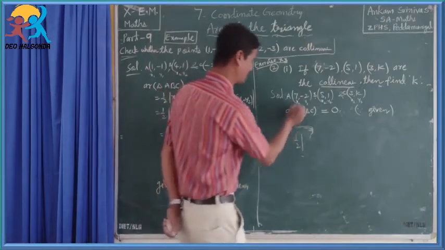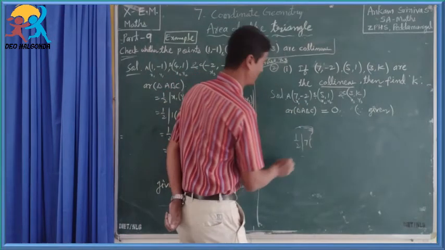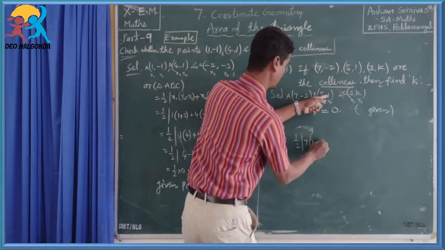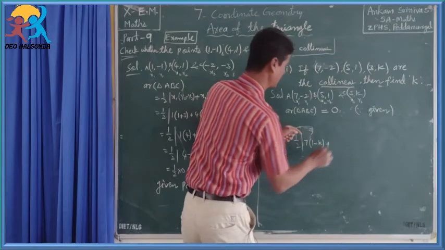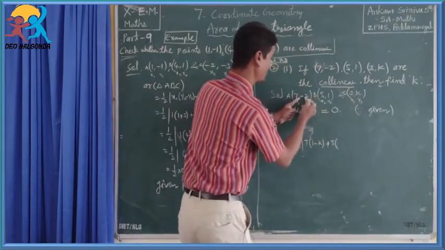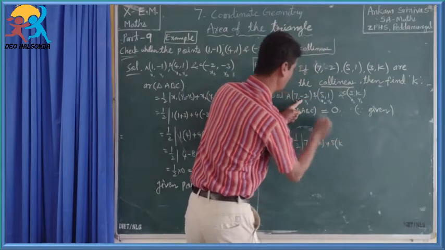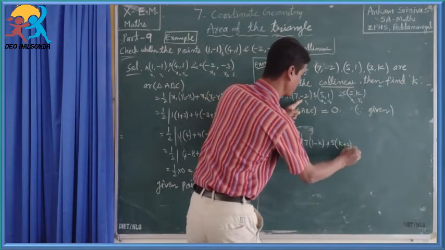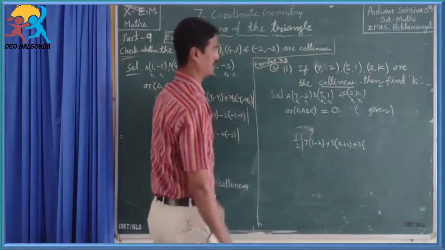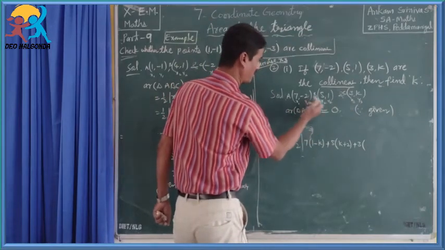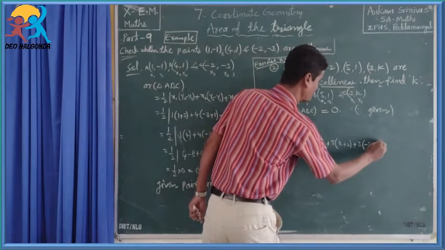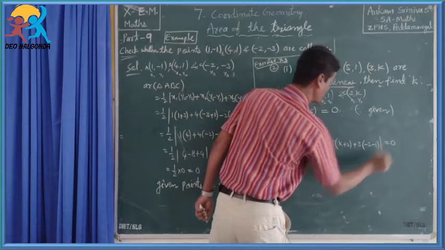So x1 is 7 of (y2 - y3), that is (1 - k), plus x2 which is 5, (y3 - y1), that is k minus of minus, plus x3, and (y1 - y2), that is -2 minus 1, equal to 0.